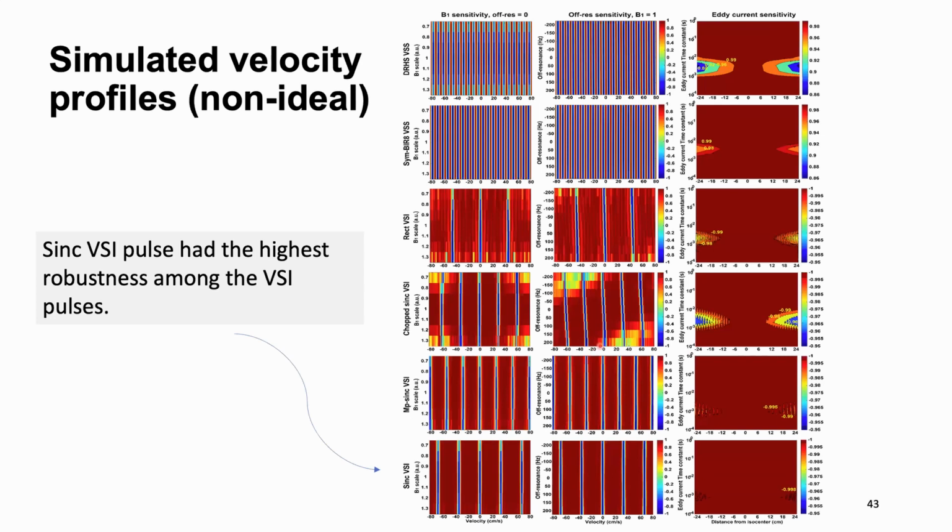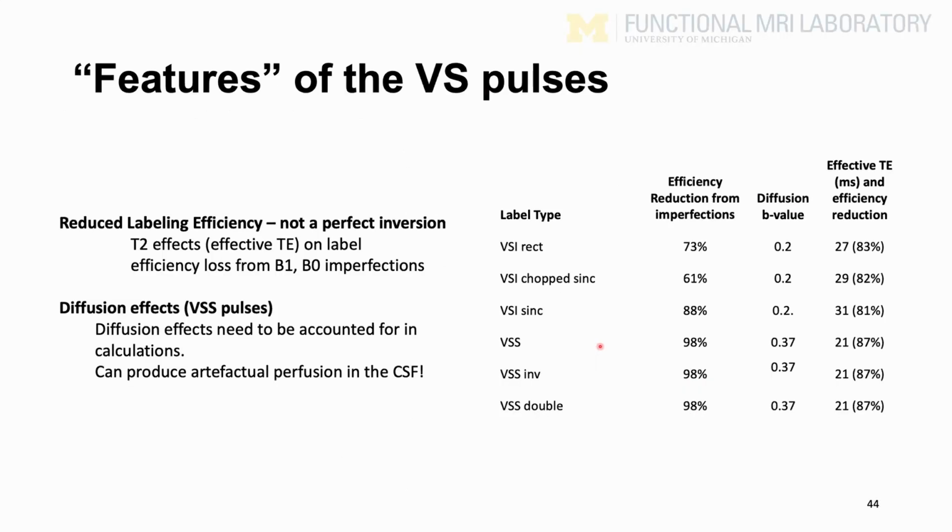Then, by examining these a little more carefully, we examined the features of these different pulses, their characteristics. And one of them is that you don't get perfect labeling efficiency. You never take the spins all the way to -1.